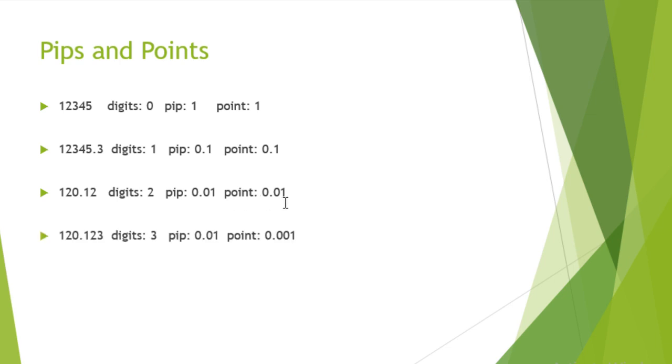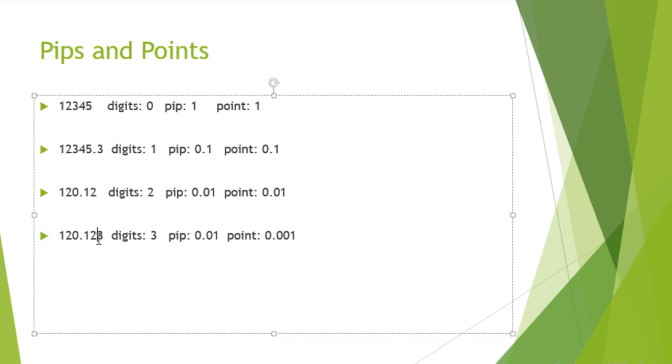And the next case is when you have 3 digits after the point. This normally comes for the dollar yen at the moment, or any of the yen pairs. So we have 3 digits, and here comes the difference between the pip and the point. So 12 pips and 3 points. This is how we say it. We pronounce the price as 120.12.